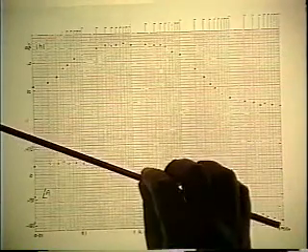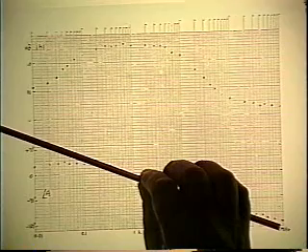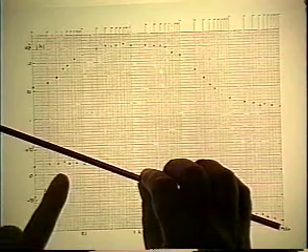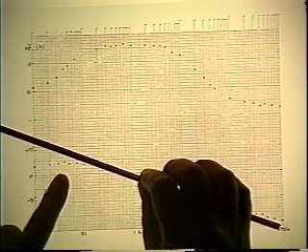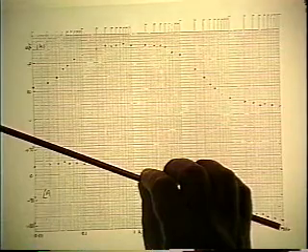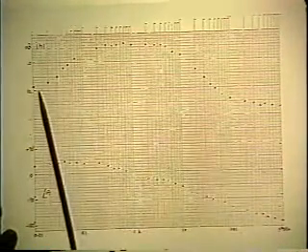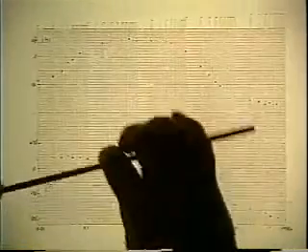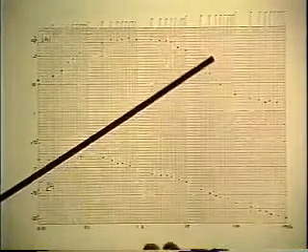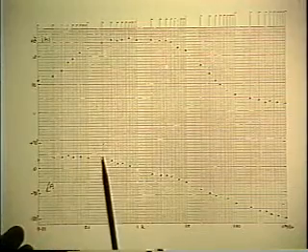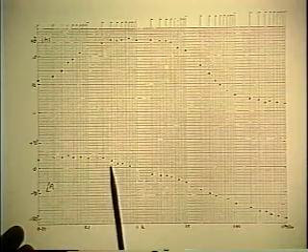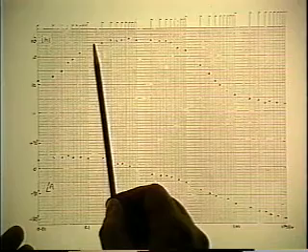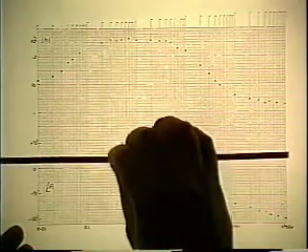But below that, obviously the phase doesn't fit with the same asymptote. It falls well below it. This pretty well confirms the fact that there must be a zero down here. Because if there's a zero, then it will have a plus 45 per decade slope that obviously overlaps considerably the minus 45 per decade slope that comes from the already determined pole, and in the region of overlap the phase will be flat.